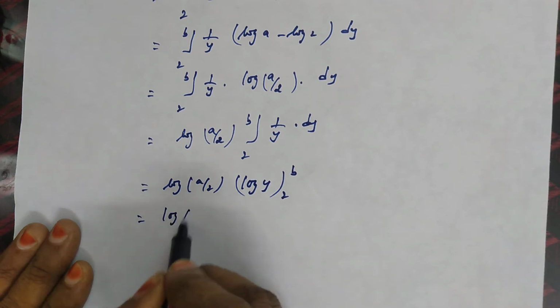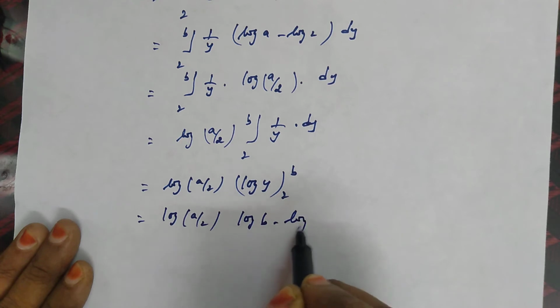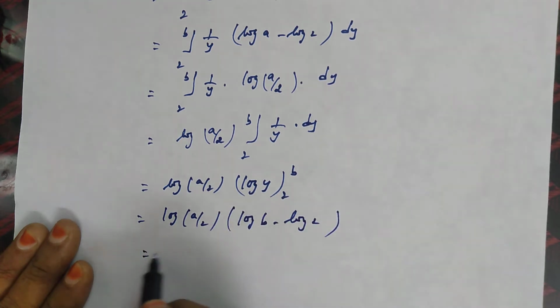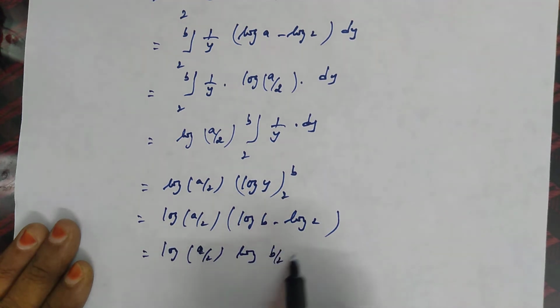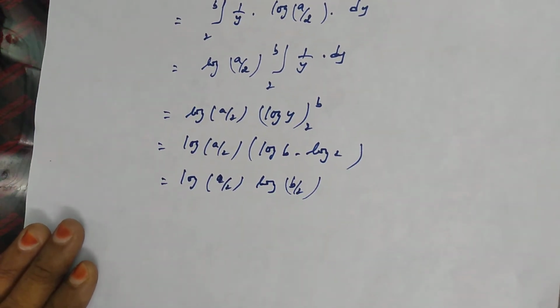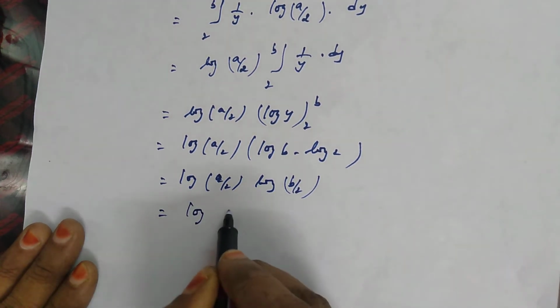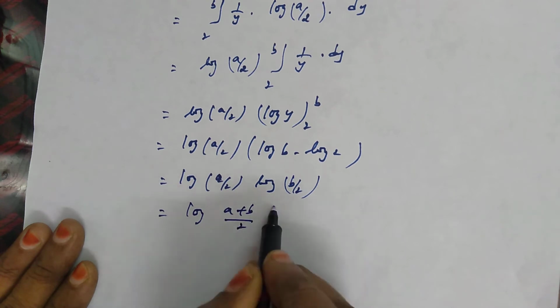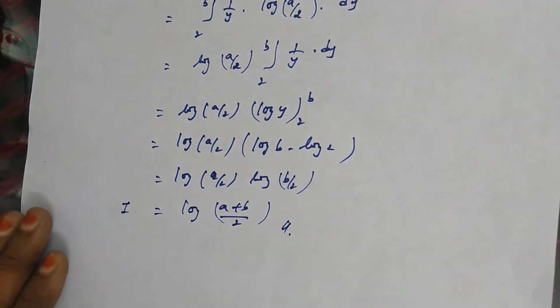So log of a by 2 into log b minus log 2, upper limit minus lower limit. So this can be written as log a by 2 into log b by 2. Now this is of the form log a into log b, which can be written as log of a plus b, so this can be written as log a plus b by 2. So this is the answer for our given integration.